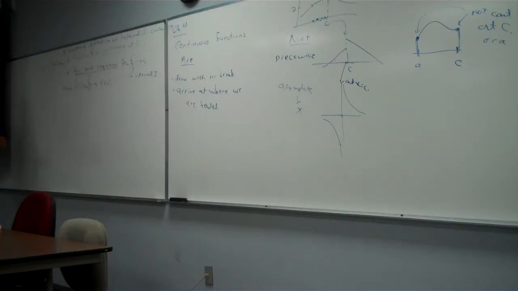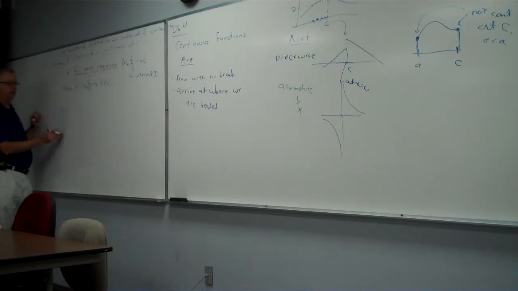We looked at a few null sequences, so we could build a number of sequences that converge to C. Like C plus 1 over n, that would converge to C. C plus 1 over n squared, that would converge to C. C plus 1 over the square root of n. There are all kinds of sequences that converge.